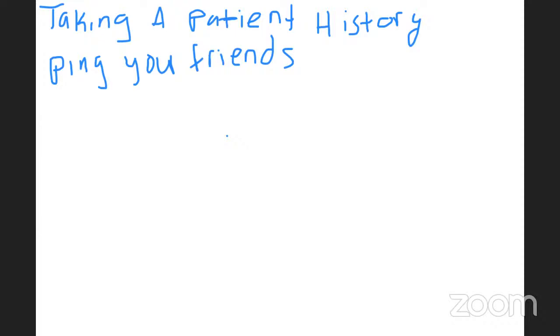I want you to take my outline and use that when you collect patient information, so that you're not missing key components of the patient story.